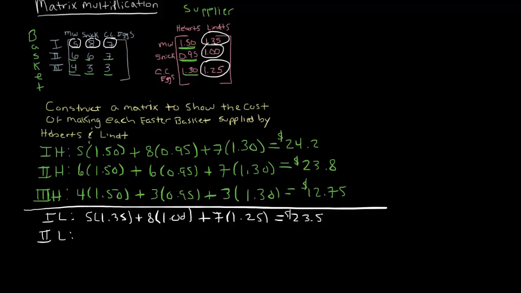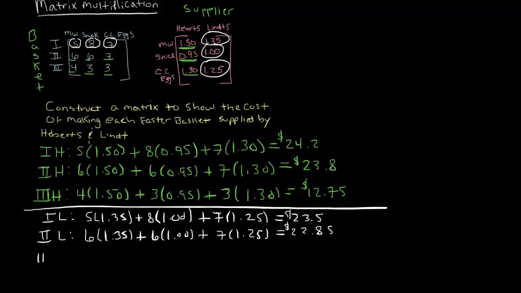So quickly, I'm just going to do the next two. This would be 6 times 1.35 plus 6 times $1 plus 7 times 1.25, which gives you a total of $22.85.